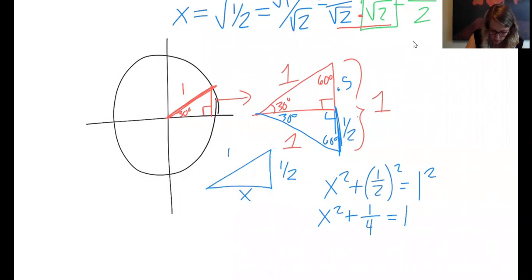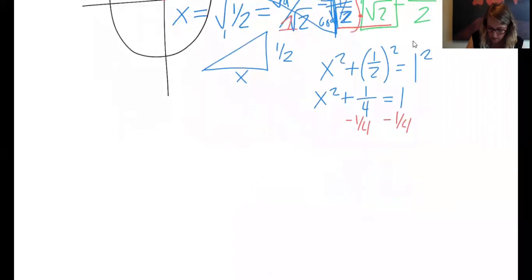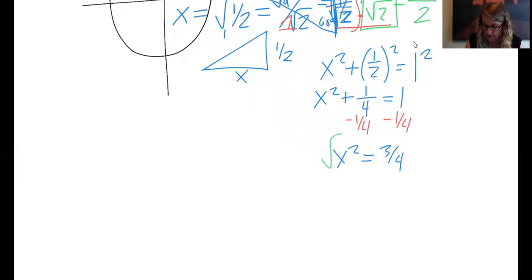So I'm going to subtract 1/4 from both sides. And then that will give me x squared equals 3/4. And just as we did a little bit ago, if I want to get rid of a squared, then I need to take the square root of both sides.